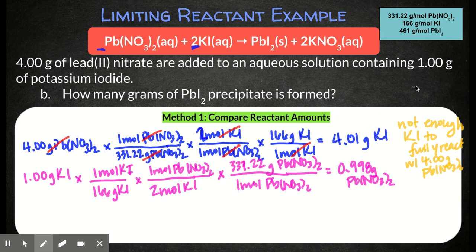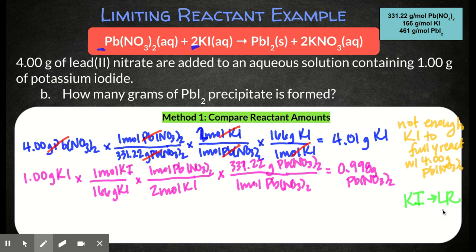And I don't have that. I only have 1 gram. So I'm almost 3 grams short. And so what this tells me is that my limiting reactant is my KI. I don't have enough potassium iodide. So KI is going to be our limiting reactant.